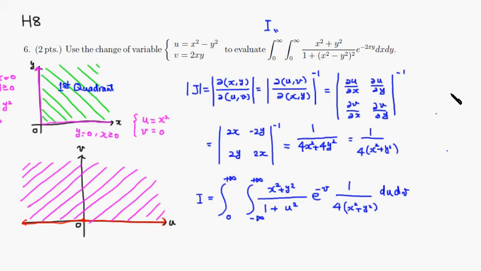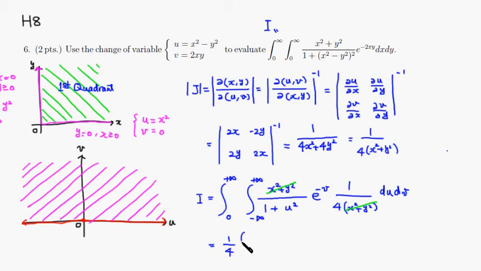Then you can clean up a little bit. You have x squared plus y squared on top and the same thing on the bottom. So we can clean it up as, there's a 1/4, just a constant, so kick that out of the integral.